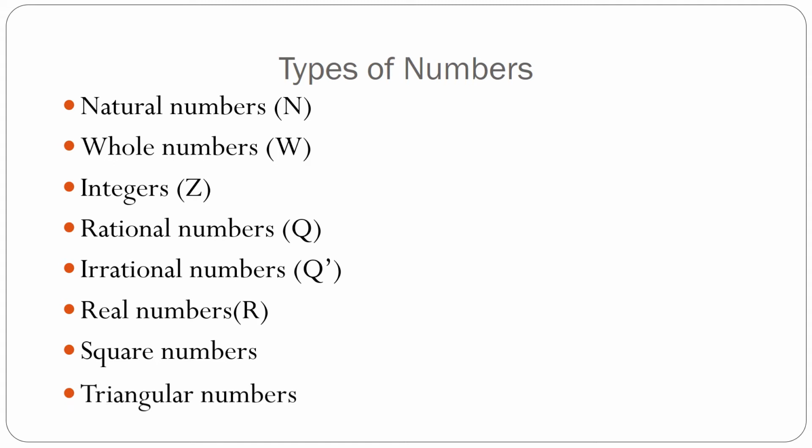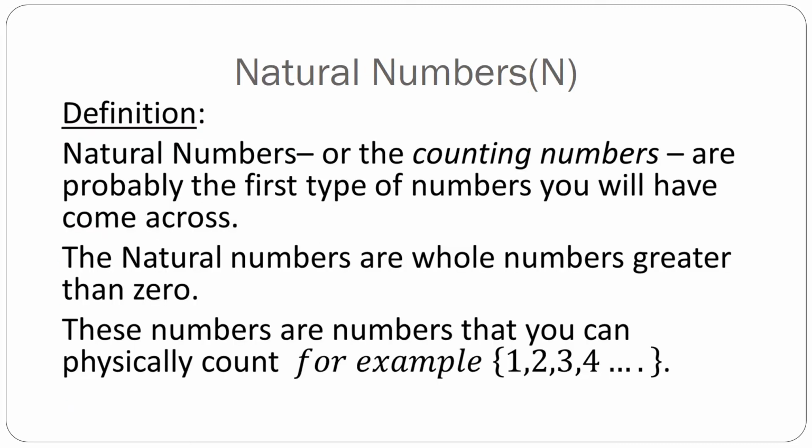As you would see, the numbers have a symbol. Natural numbers, symbol N, whole numbers, symbol W, integers, symbol Z, rational numbers Q, irrational numbers Q prime, and real numbers R. Now to define the numbers that we just listed.